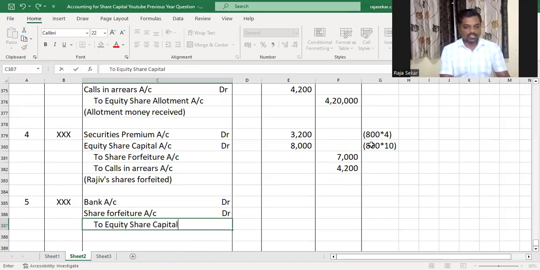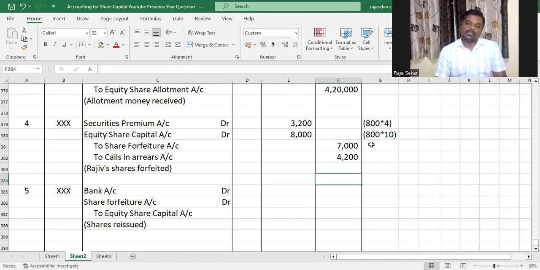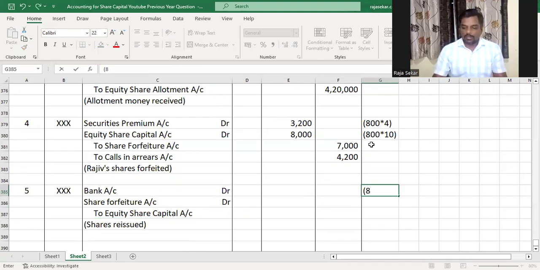Whenever we give discount, the journal entry is bank account debit, share forfeiture account debit to equity share capital. So shares reissued. What will be the amount that has to be debited? All the shares have been reissued. So 800 shares have been reissued for rupees 9. So bank will be debited with 800 into 9, which is 7,200.